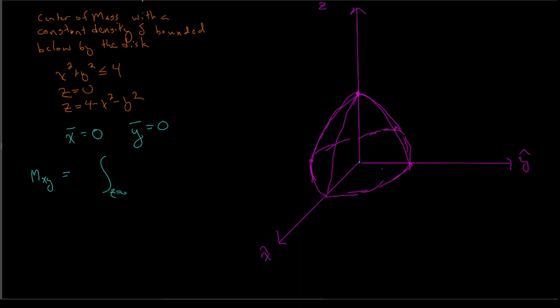All right, puncture in, puncture out. It starts at z equals 0, and it comes out at z equals 4 minus x squared minus y squared.